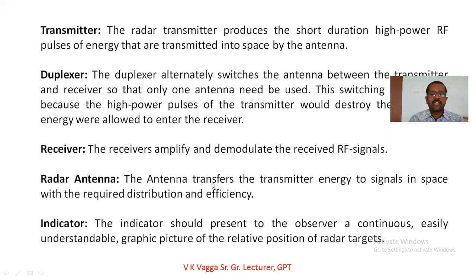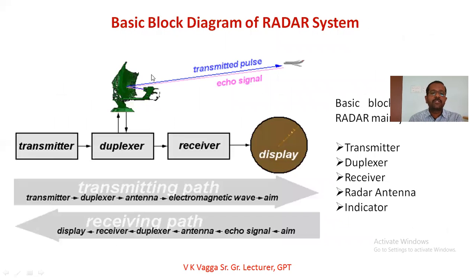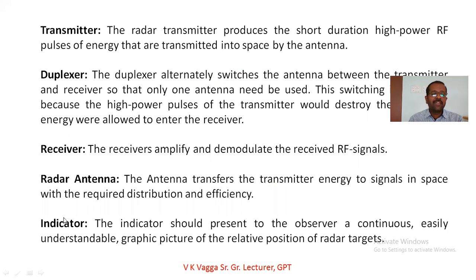And the radar antenna is able to transfer the transmitter energy, the signals, into space with the required distribution and efficiency. The antenna's duty is only to transmit the signal and to receive the signal with efficiency. And what will the indicator do?